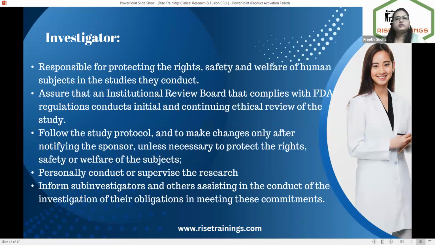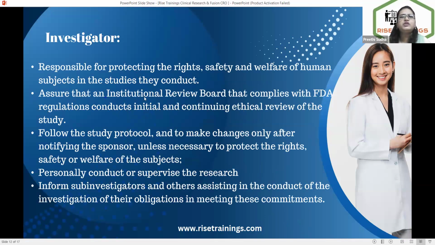And investigators. The investigators are responsible for protecting the rights, safety, and welfare of human subjects in the study they conduct. Investigators assure that the institutional review board, which complies with the FDA regulation, conducts the trial and continues the ethical review of the study.